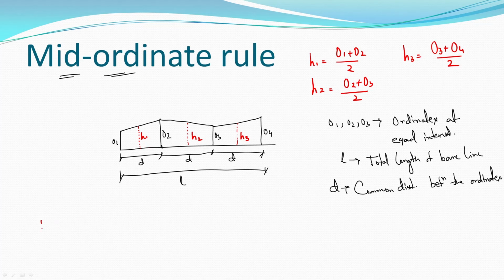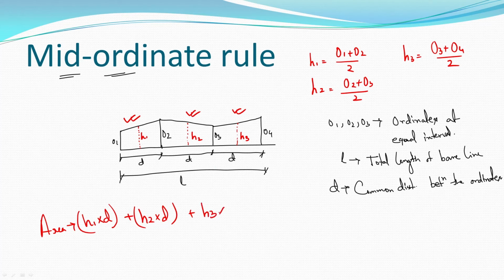Okay. Now, once we have the value of the mid ordinates, the area will be nothing but, for the first case, H1 into d. For the second zone, plus H2 into d, and for the third one, H3 into d. So, you just take the common d, and it will be d times H1 plus H2 plus H3.